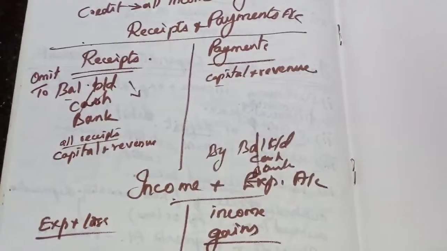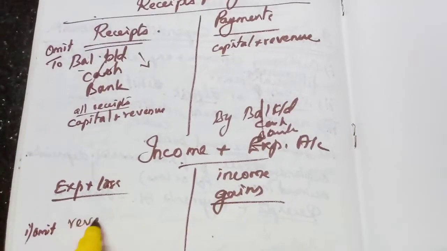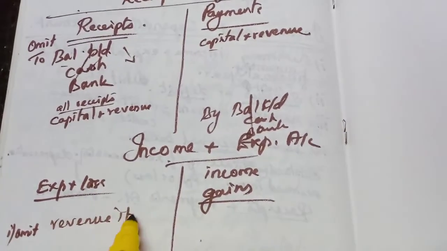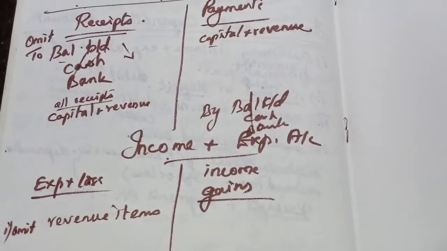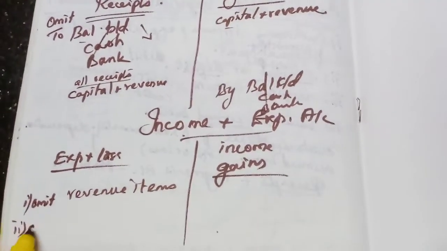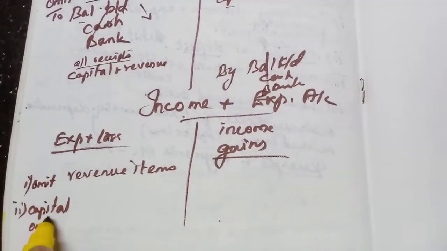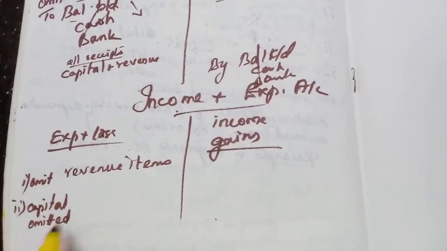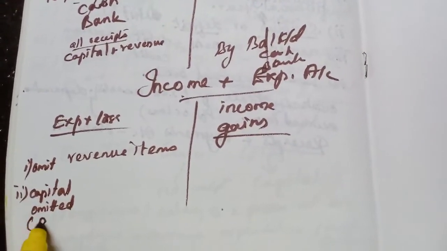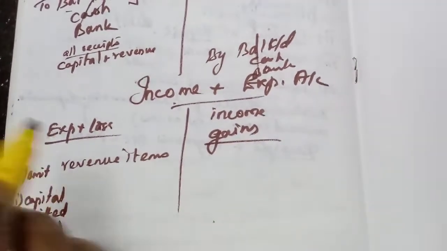But in this income and expenditure account, only revenue items will be entered. Capital items will be omitted. Where will they appear then? Capital receipts and payments will appear in the balance sheet. So only revenue items will be coming.